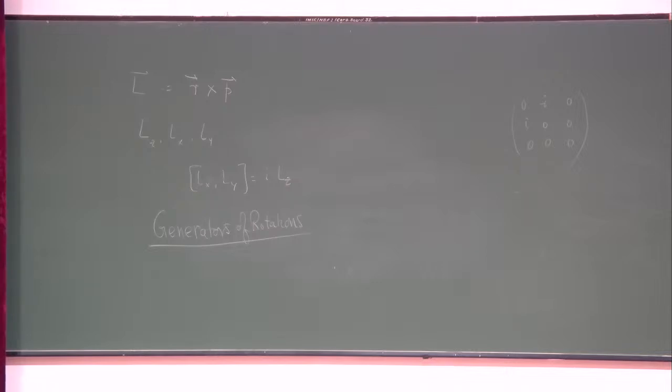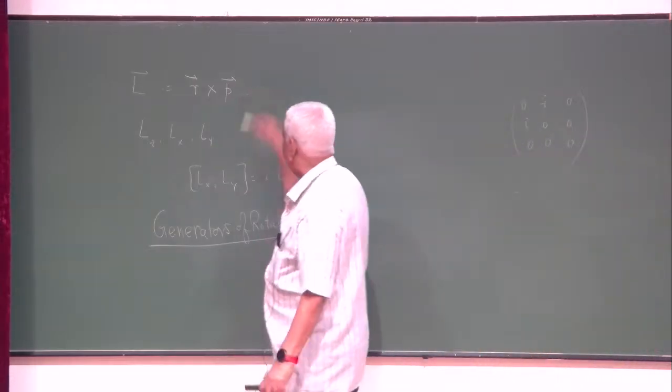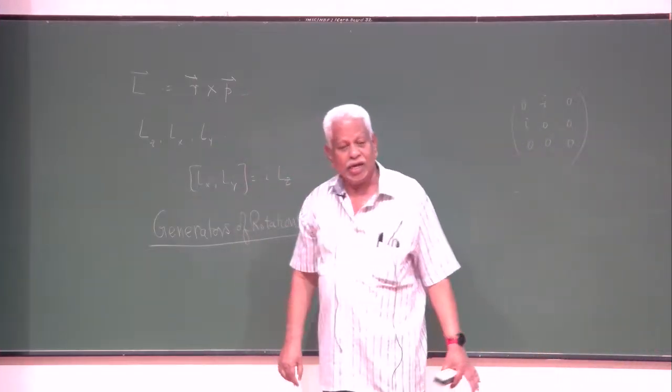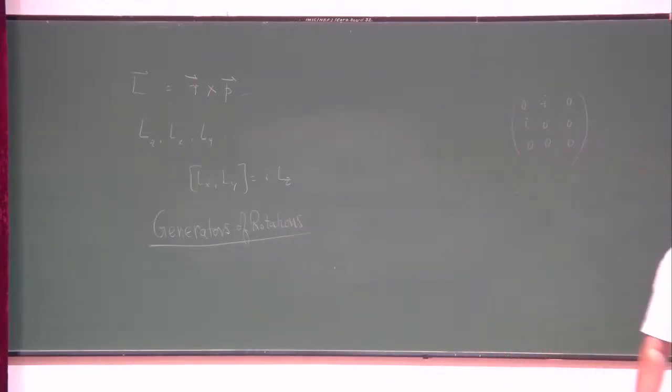And you have this object which obeys the commutation relations here, and I have given an explicit representation, or explicit matrix form, for all the 3 matrices. But you can ask the question, are these the only matrices which can be there?